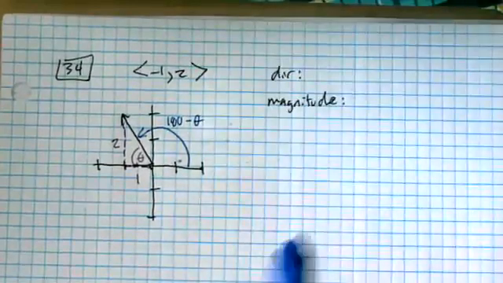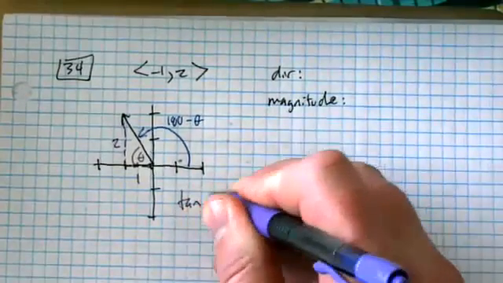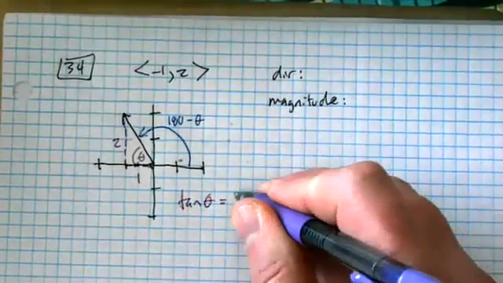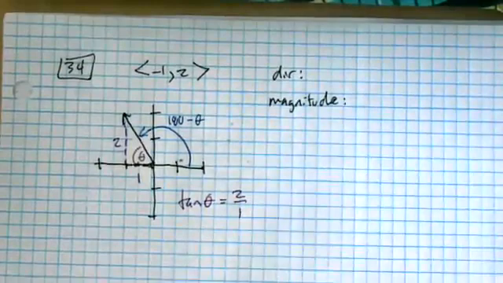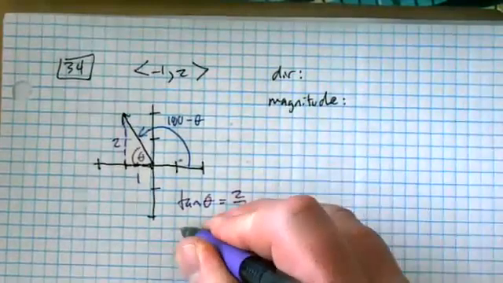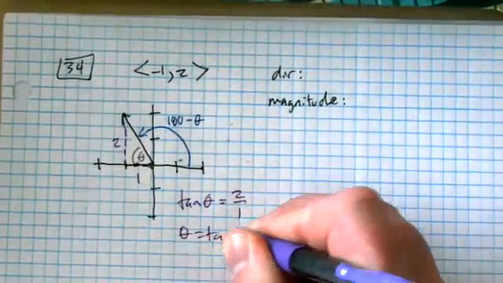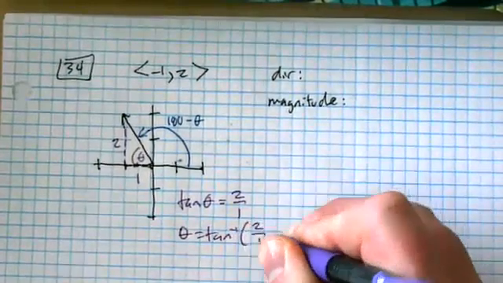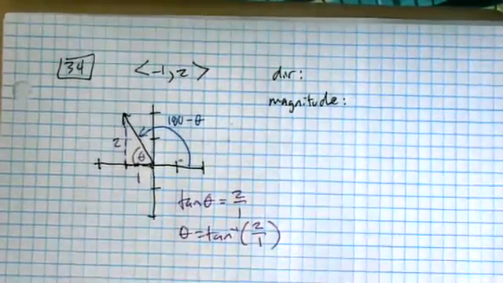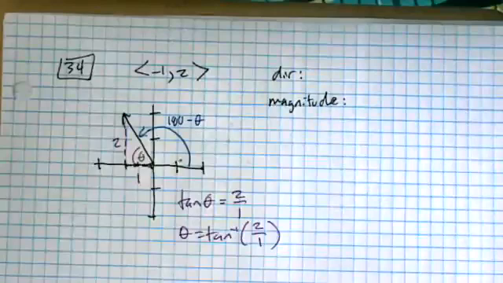So to find theta, I need to set up a tangent equation. Tangent is opposite over adjacent. So then we use an inverse tangent to get theta. And then whatever we get for that, punch it in the calculator.